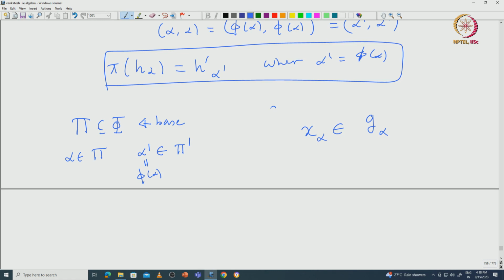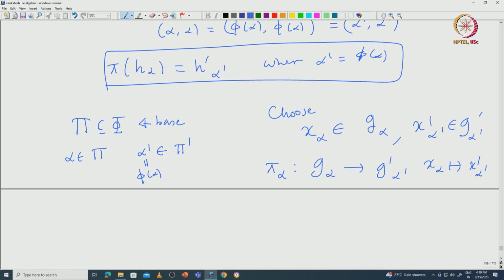Then you also choose x dash alpha dash inside this g dash alpha dash. Then you define this pi alpha map from g alpha to g dash alpha dash, where it sends x alpha to x dash alpha dash. Since g alpha is a one dimensional subspace, you can treat it as a Lie algebra. So, pi alpha is a Lie algebra isomorphism from g alpha to g dash alpha dash.